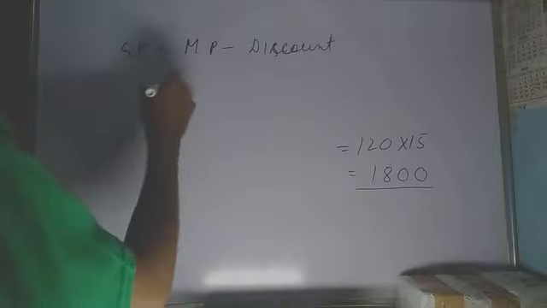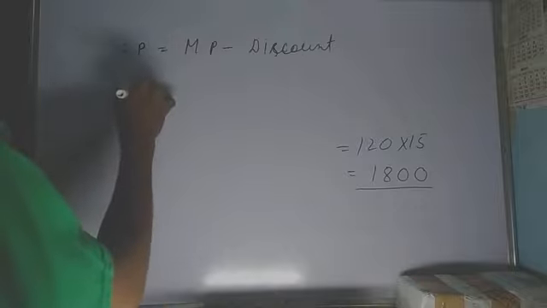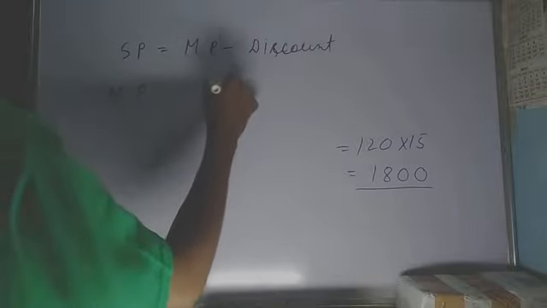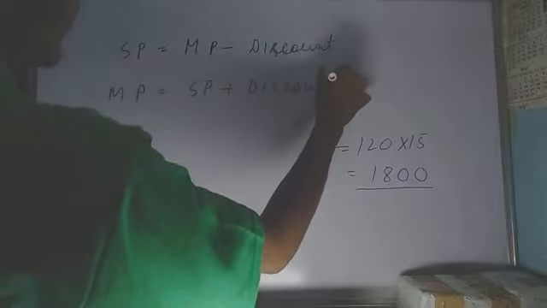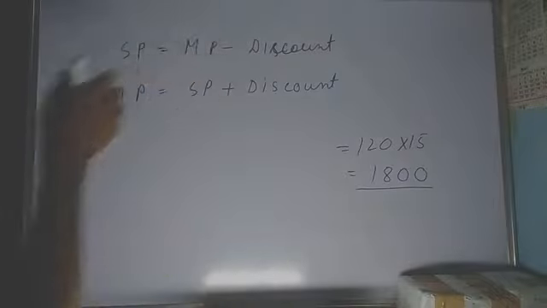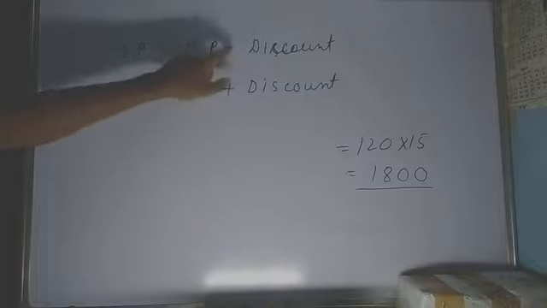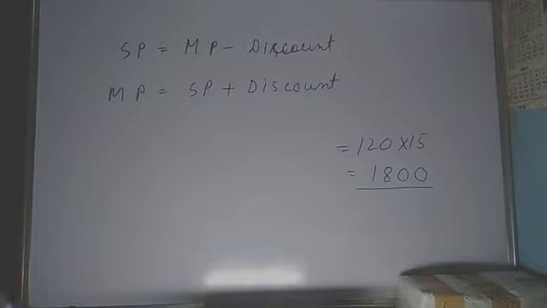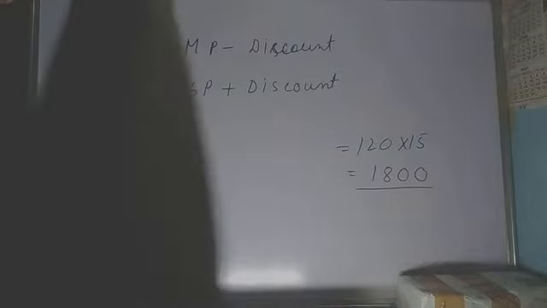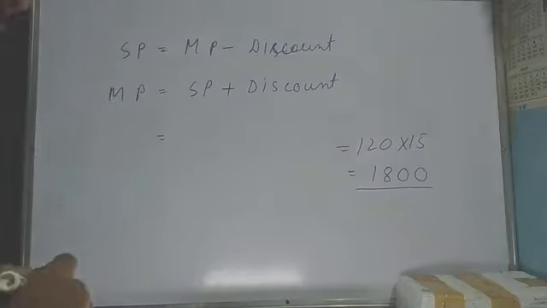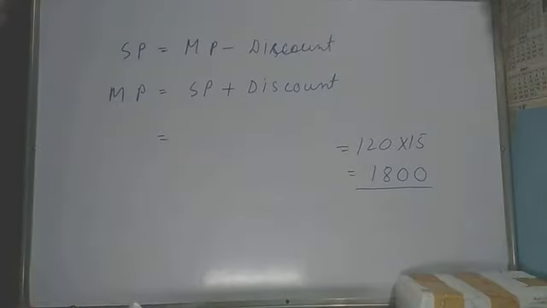From here we can calculate market price. Market price will be selling price plus discount. Transfer discount toward the left-hand side, so minus becomes plus. So it will be 1800.